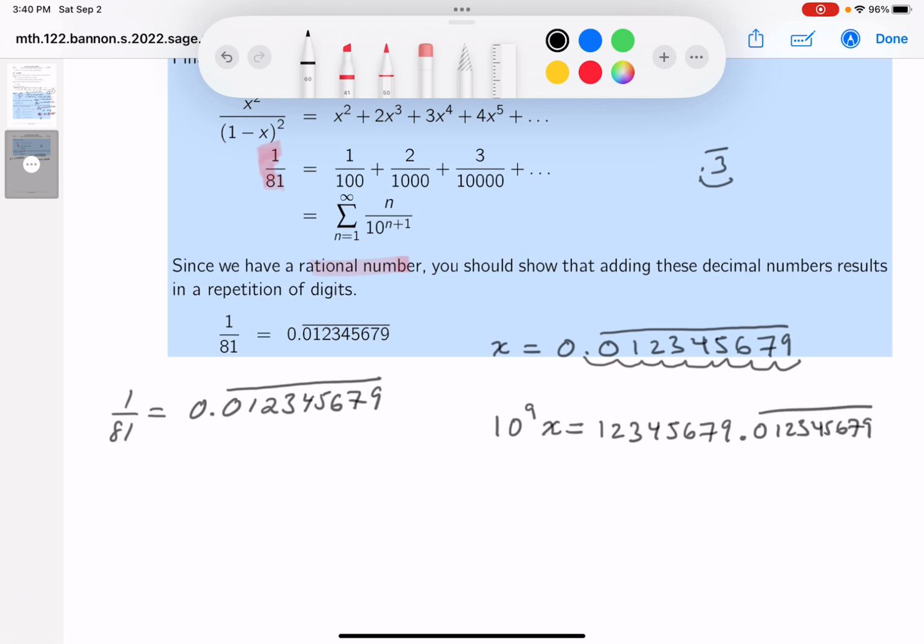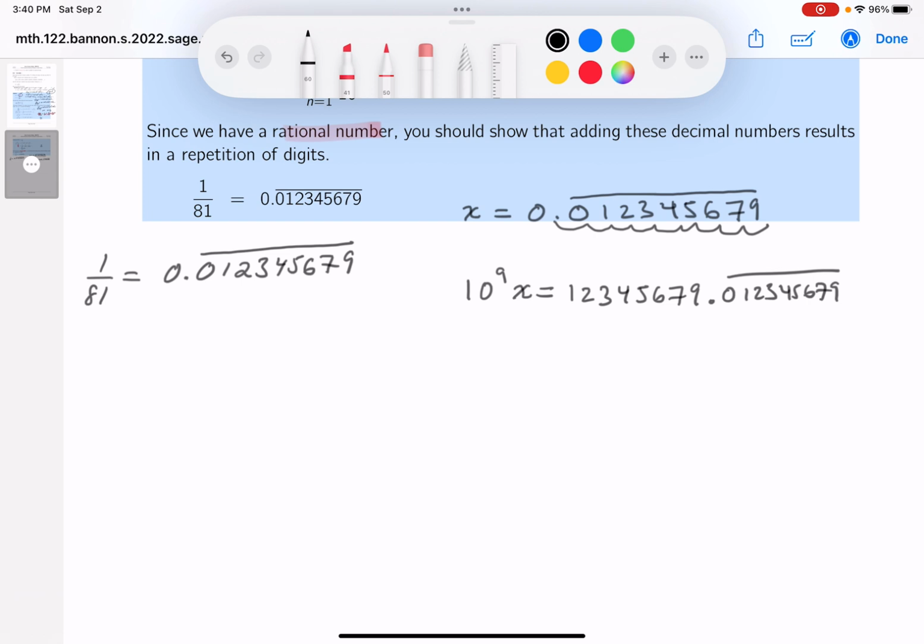What I'm going to do now is subtract. All right? So if you subtract it, I'm going to do this over here. It's going to be 10 to the 9 minus 1 times x equals 1, 2, 3, 4, 5, 6, 7, 9. So I did it right. Yeah, I did okay.